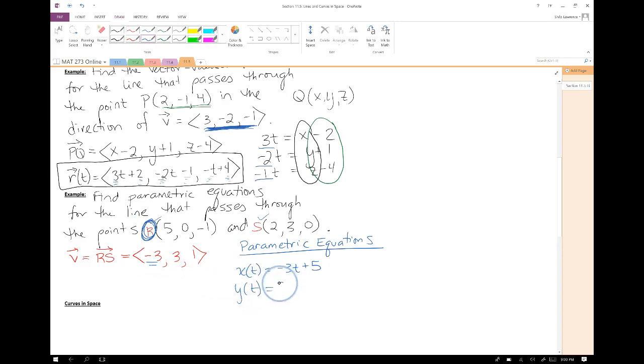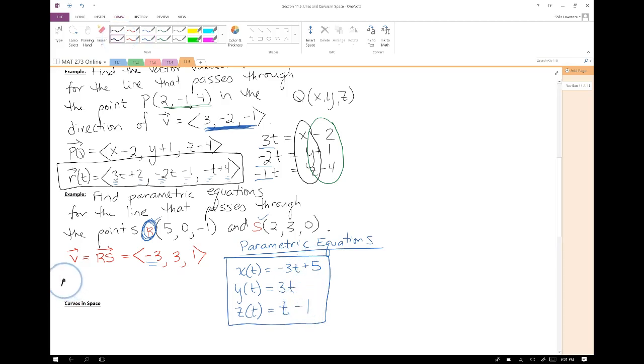So y of t is going to be positive 3t plus 0, and then z of t is just 1t minus 1. Now we also could have used point S, and our answer would look completely different, but it would still be the same line.